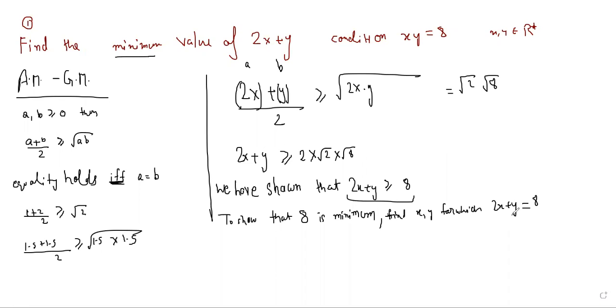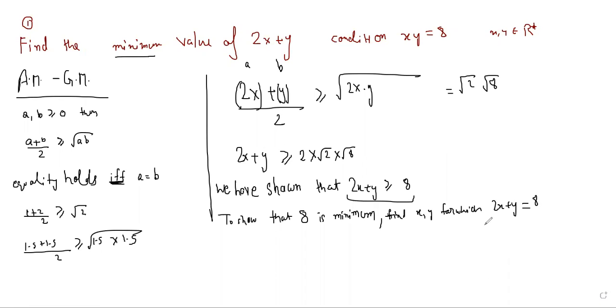So can you find x and y for which it is actually 8? Obviously, the condition xy equal to 8 is also there. The product should also be 8. So how do you find them?